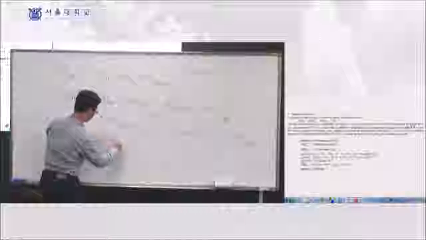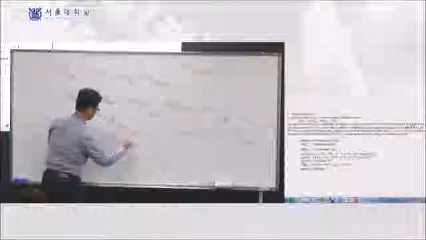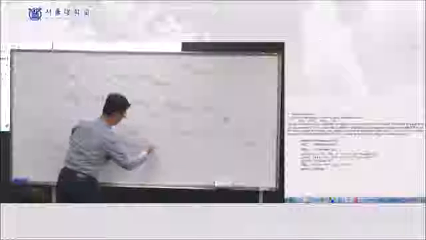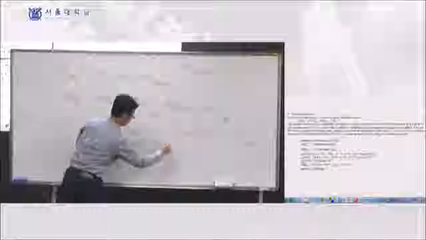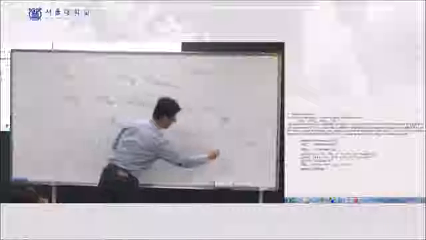And similarly, at 298 Kelvin, this means the same thing: 2 moles of chromium solid plus oxygen, and this is delta H of reaction.